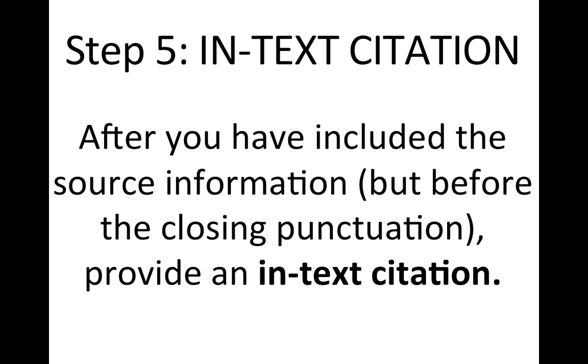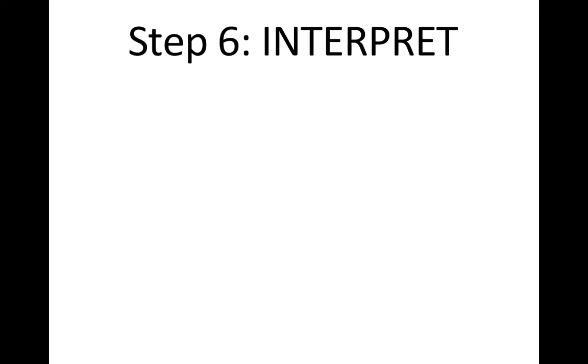But you want an in-text citation. That usually goes right after whatever you include from the source, but that citation does go before the closing punctuation. So you don't put the period before the parentheses, you put the period or the end punctuation after the parenthetical information.